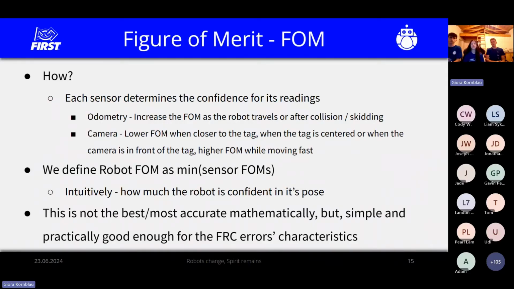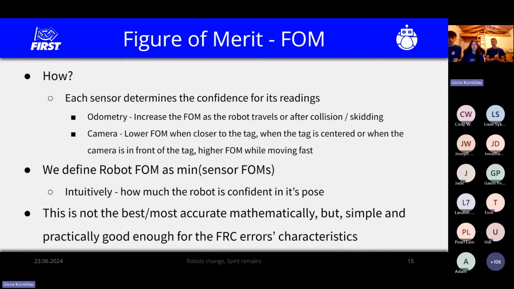There's also collision and skidding. If we collide, our position will be less accurate because the robot thinks it moved, but it collided with something and didn't move. Or skidding, when let's say a wheel is skidding and the robot moves a bit away from its actual position.